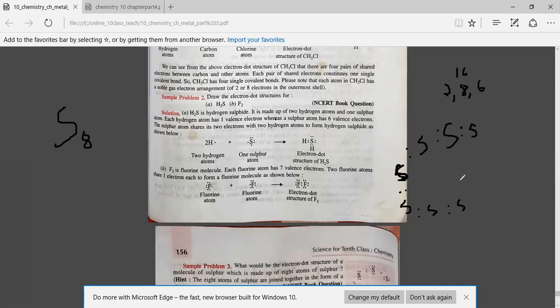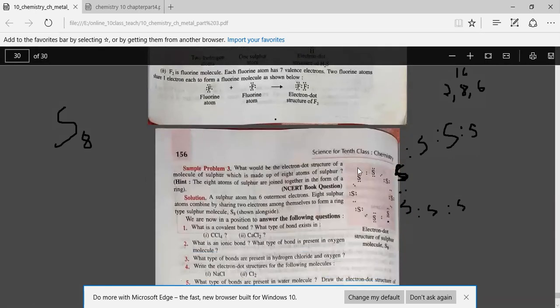I have not drawn properly, so you can see in the diagram it is given. So one sulfur is here, sharing one pair of electrons with this sulfur and one pair with this sulfur.